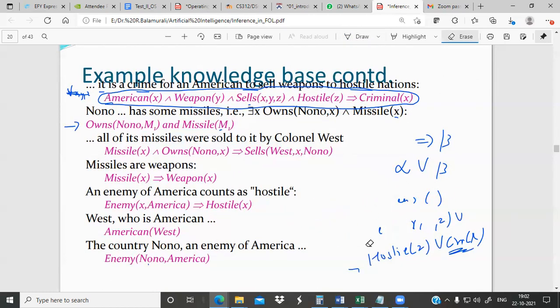Hence this is in the format of a Horn clause or definite clause. Similarly, you can check for the other statements also.